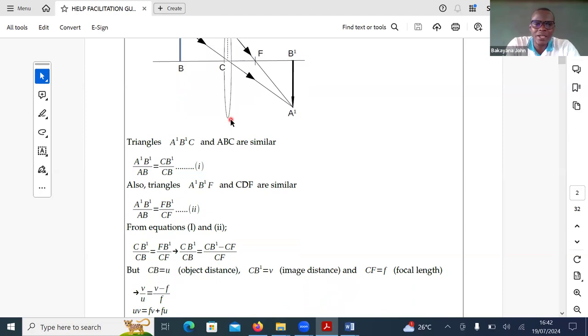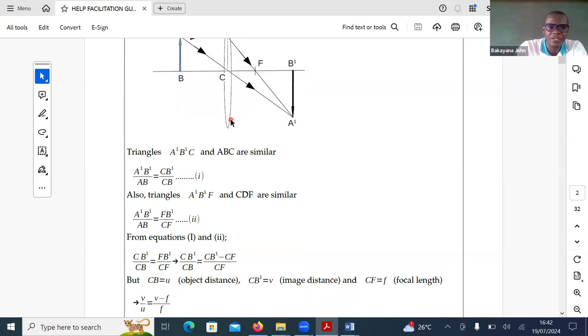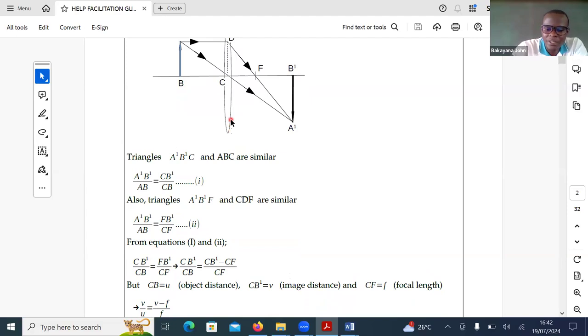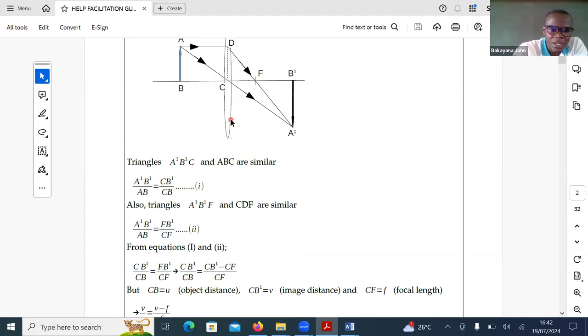Now from equations 1 and 2, can we try to relate something? Where is CB prime? If I say CB prime over CB is equal to FB prime over CF, why? Because from equation 1, I have A prime B prime over AB is equal to CB prime over CB, and in equation 2, A prime B prime over AB is equal to FB prime over CF.